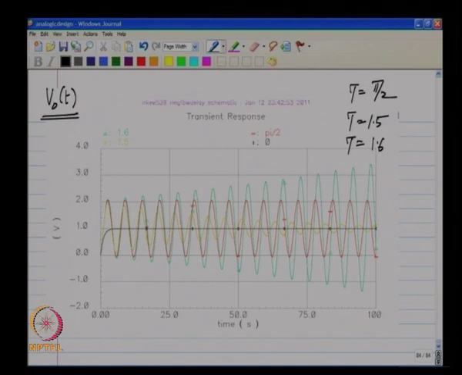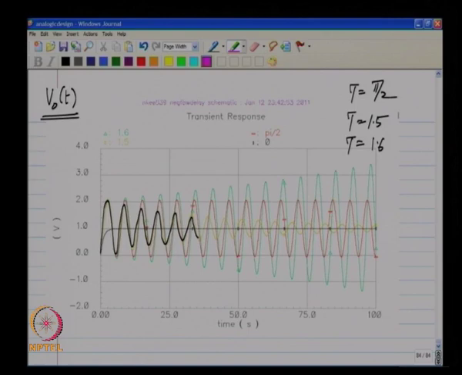The pale yellow curve whose amplitude is decreasing is the solution for tau equals 1.5. We can see that it is stable, that is, the sinusoidal ringing does die out after t equal to 100 time constants. It has still not completely died out, but if you wait for 1000 time constants, it will die out.